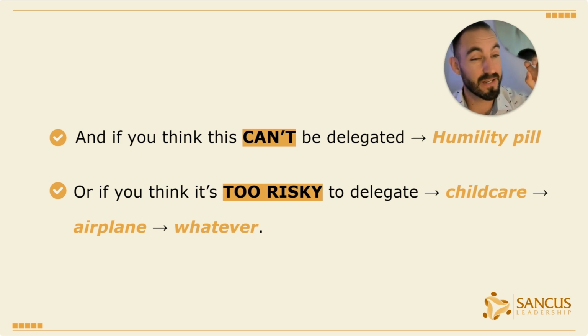If you think things are too risky to delegate, think about all the other things in life that you delegate. Childcare, being flown in an airplane, taking a taxi. Those are all way more risky things. So take a step back, realize that in the long-term perspective, this is going to be a huge win for you if you manage to, or rather, when you manage to delegate these things. And to be fair, you have no other option.